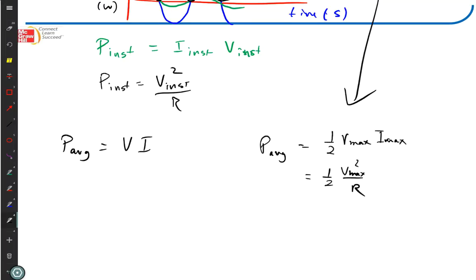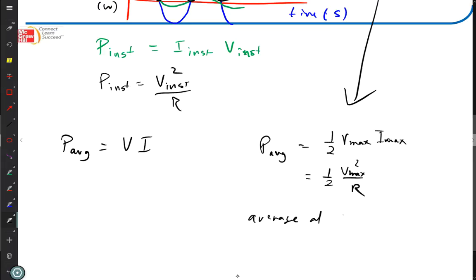Well, what I can do is I can say, okay, Vmax squared is the square of Vmax, very clearly. And if I take the average of V squared, the average of V squared is 1/2 Vmax squared. And then I just square root it.